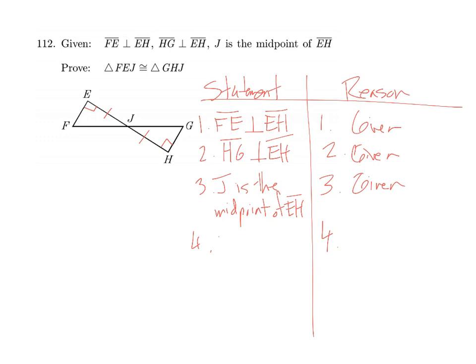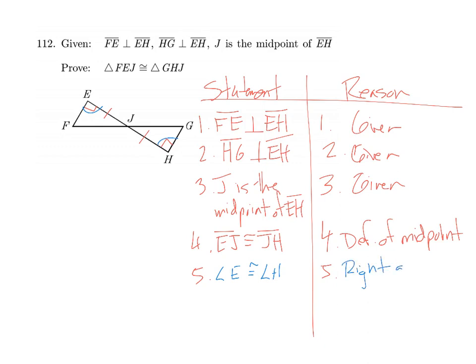So I could say EJ is congruent to JH. That's by definition of midpoint. And then I know that angle E is congruent to angle H. That's just right angles are congruent.